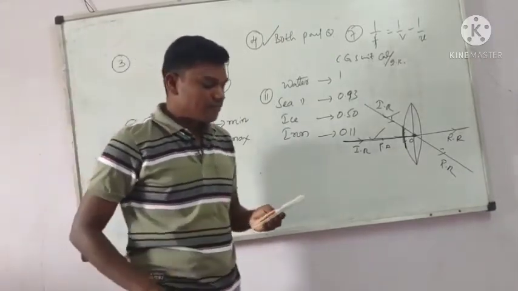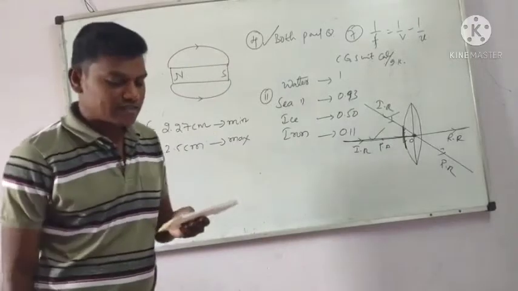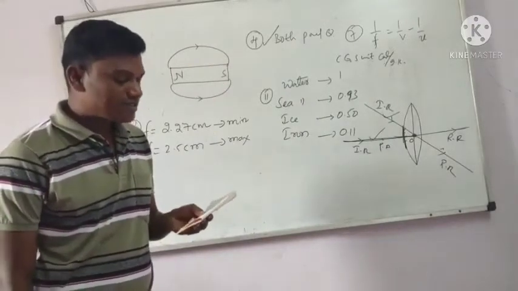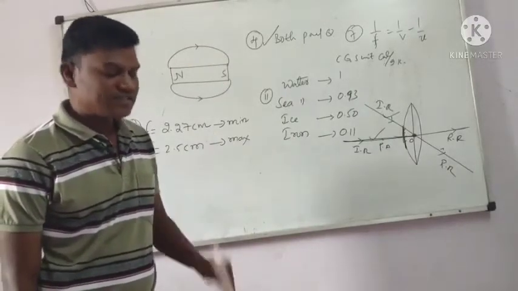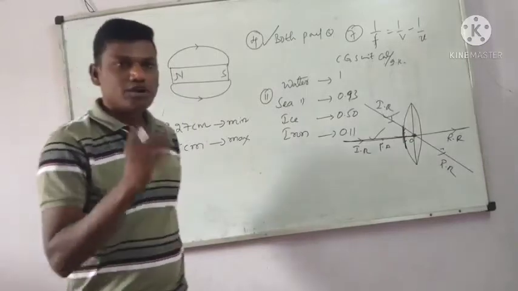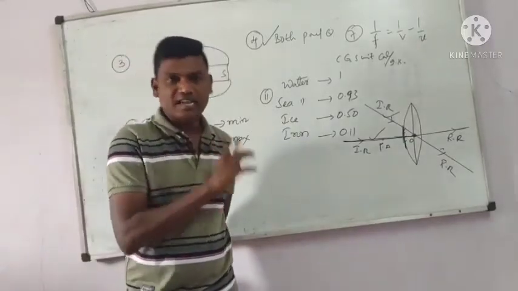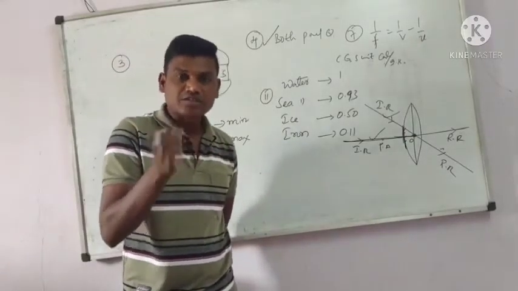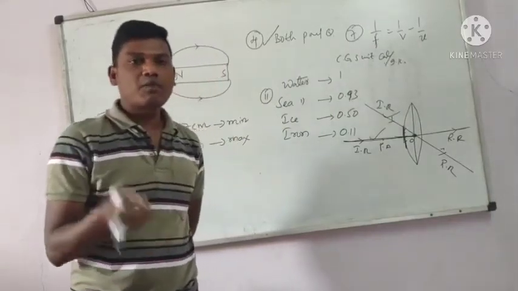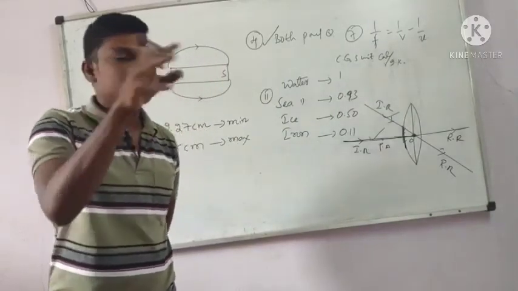Next one, write the formula to find the focal length of a lens when object distance u and image distance v are given. Then which formula do we use to find the focal length?